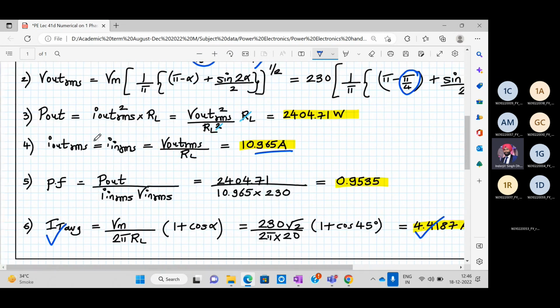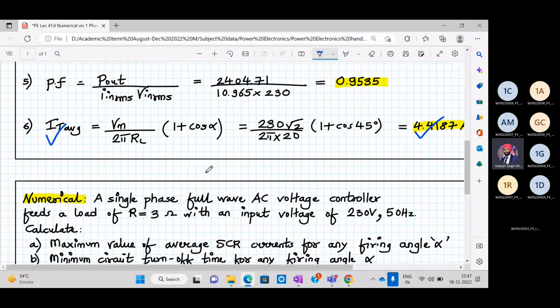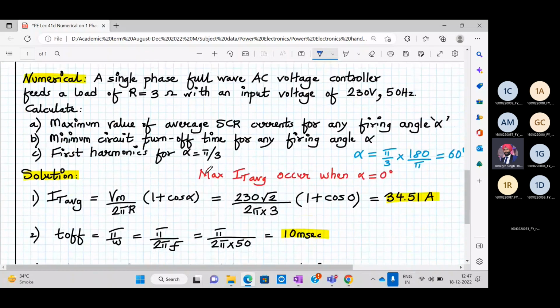So that is how you solve one numerical on AC voltage controller, bidirectional AC voltage controller. Is this clear? Any doubts? Okay. Next, we go on to the next one.